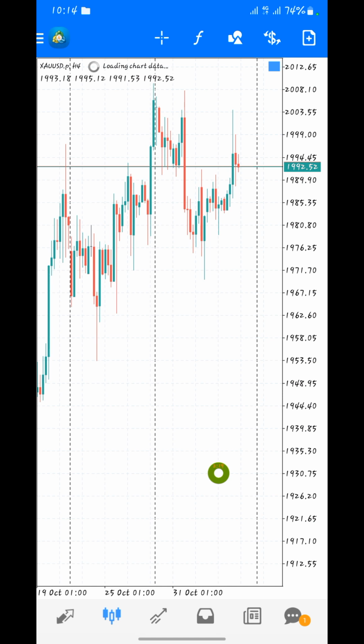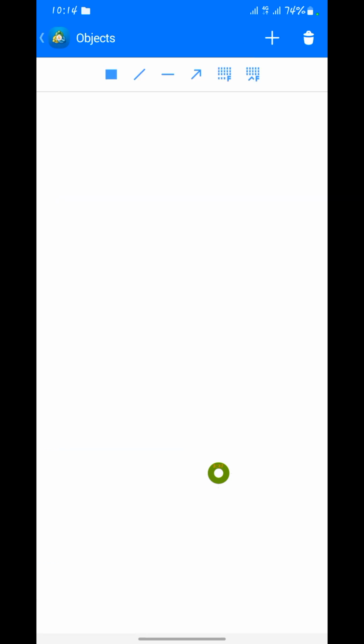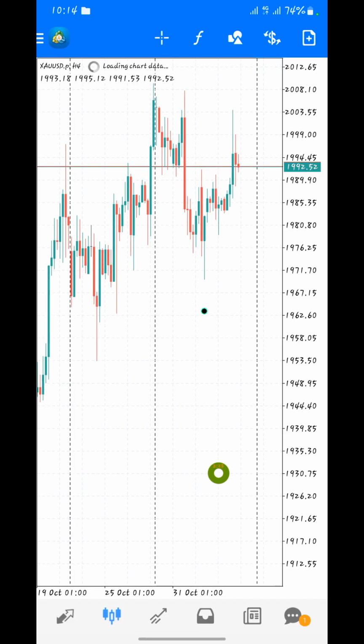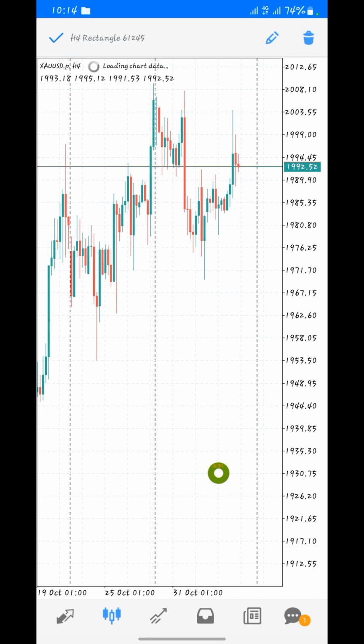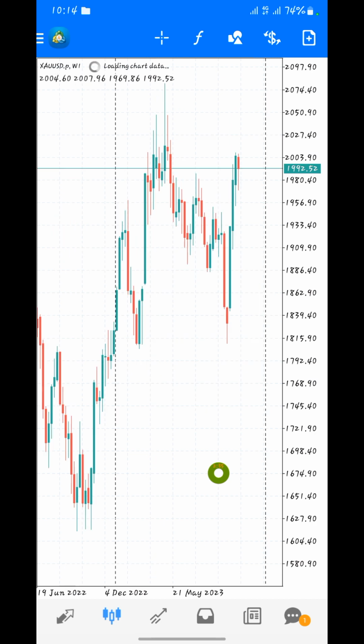So I start with the highest time frame possible. For me, I'll start with the weekly time frame.